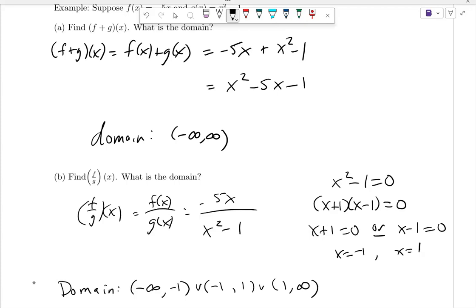Because these are the numbers that we don't want, right? So do we want to include them? No, remember, bracket means they're included, right? So I don't want to include those. So I'll use parentheses all the way through. Okay?